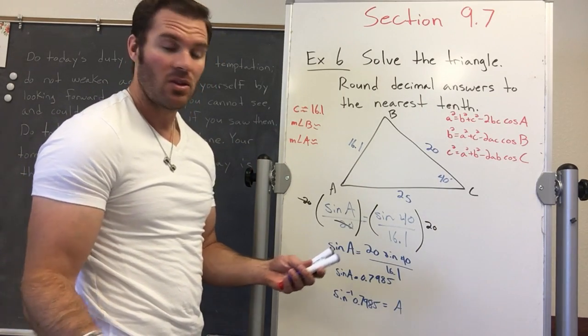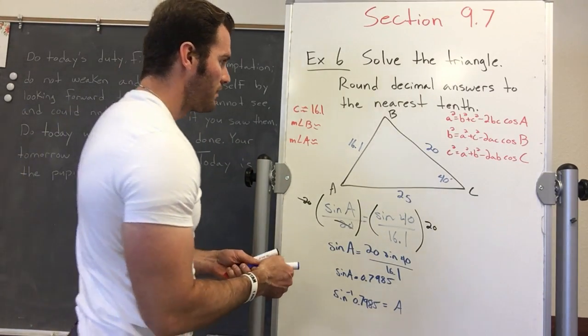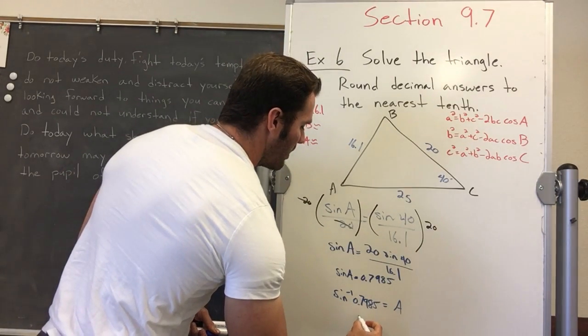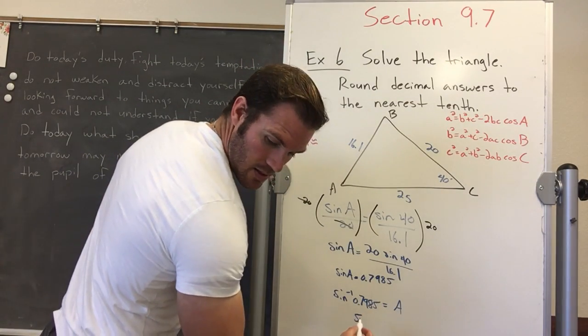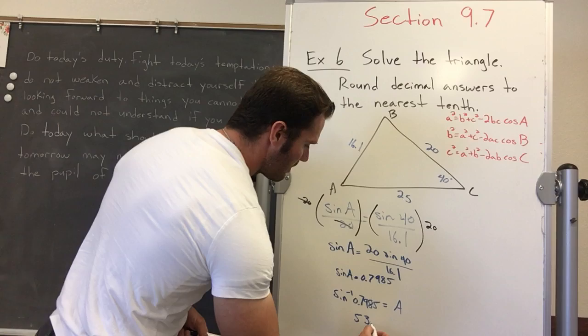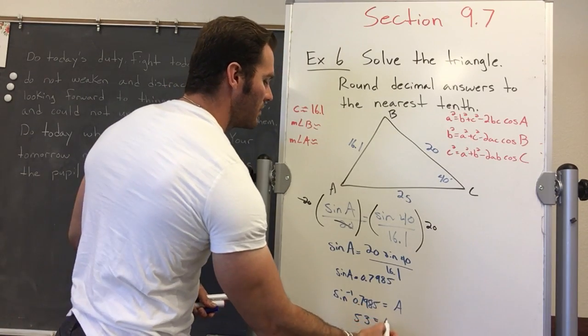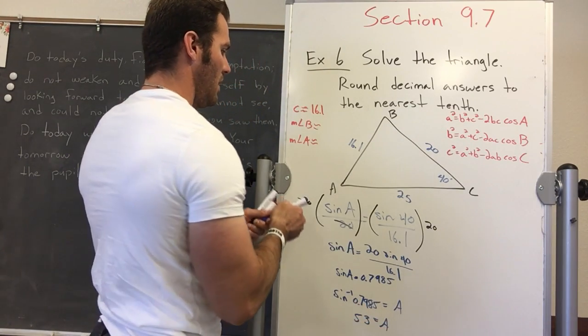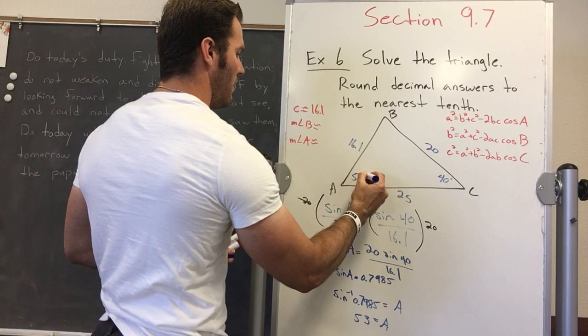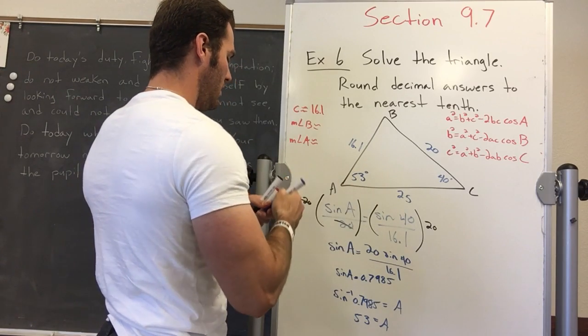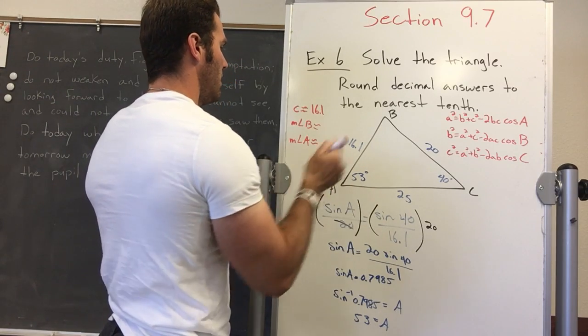Round to the nearest tenth, you get 54.0. So I'll just write 54 degrees. All right.